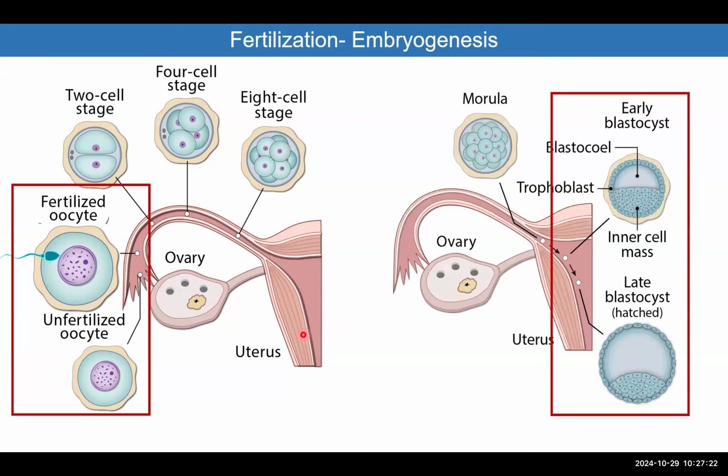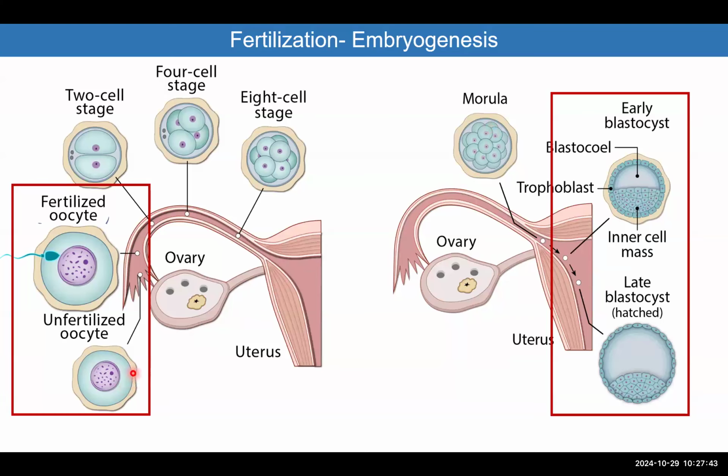grow from the 2-cell to 4-cell stage to 8-cell stage and get implanted in the uterus and get the transgenic animal. In another approach, we will use stem cells that come from the blastocyst, which is one of the stages after the formation of a morula.